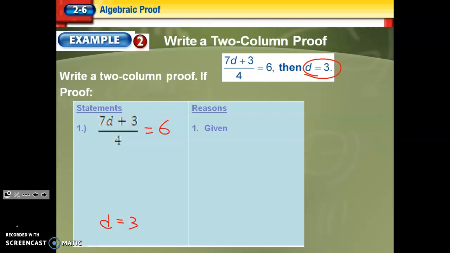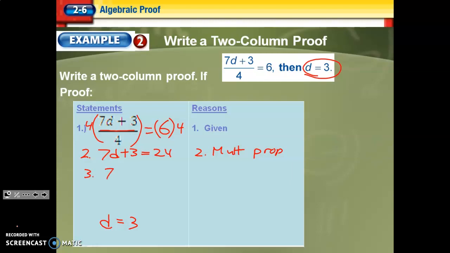So what do we want to do first? Well, I'd like to get rid of this 4, and what's that 4 doing? It's dividing the whole thing. So I'm going to multiply this whole thing by 4. So whatever I do to one side, I must do to the other. Multiplication property.